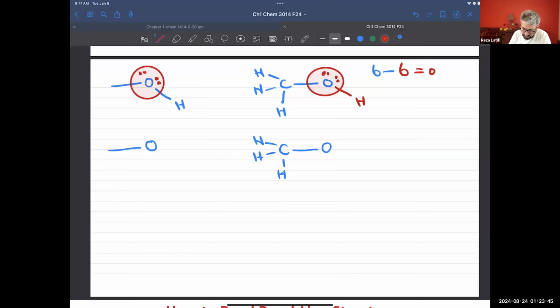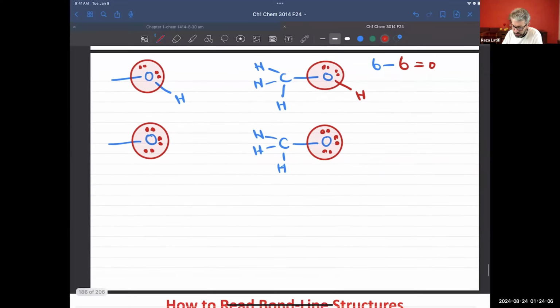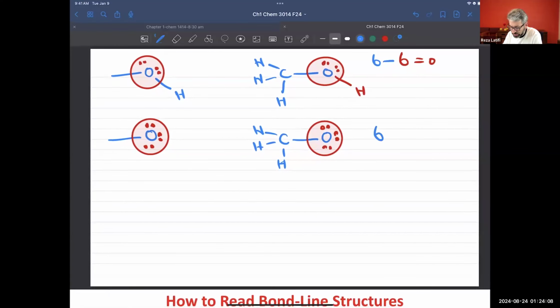Let's draw a circle around oxygen. Right now it has 1 plus 1 electron, 2, so it is missing 6 electrons. We're going to give it 6 electrons: 1, 2, 3, 4, 5, 6. We gave it 3 lone pairs. Let's find the formal charge. Oxygen is in group 6, but I see 7 electrons around it, so oxygen is -1.